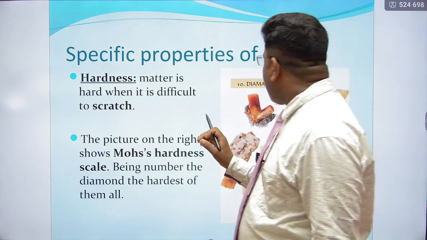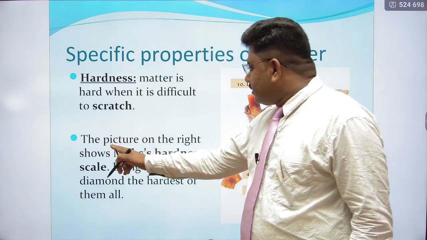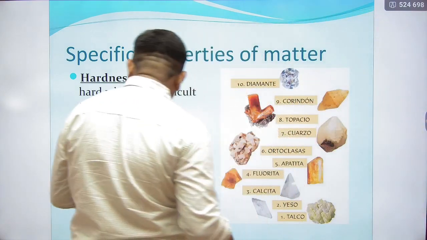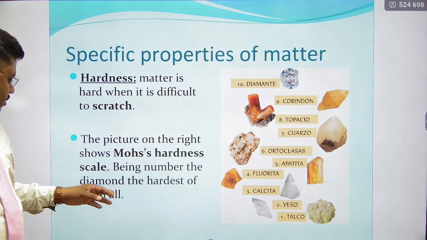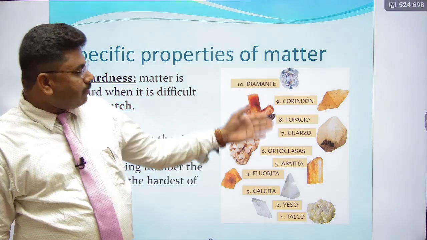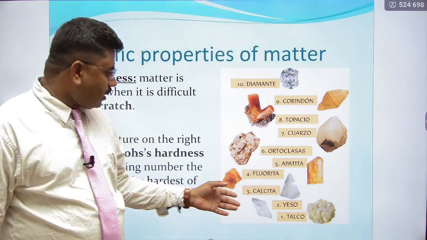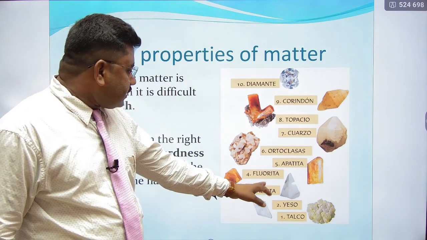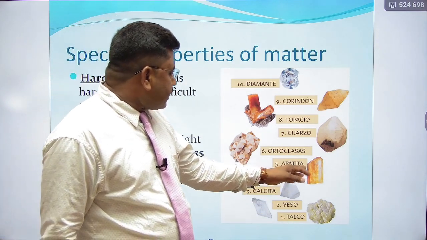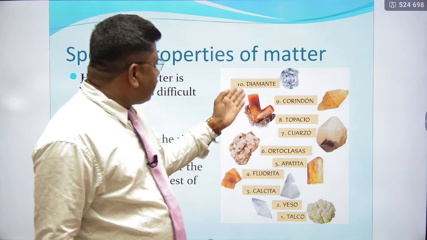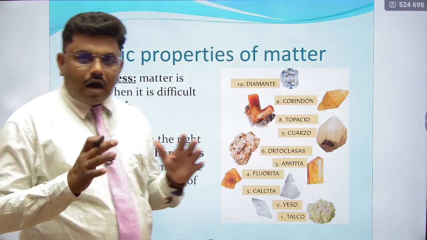The picture on the right shows the Mohs hardness scale, with diamond the hardest of them all. See here, some minerals are given, such as talc, gypsum, calcite, fluorite, apatite and orthoclase. These are some of the hard ones.